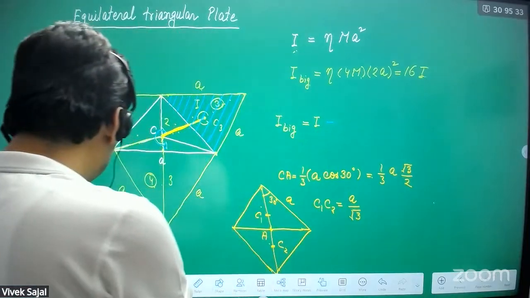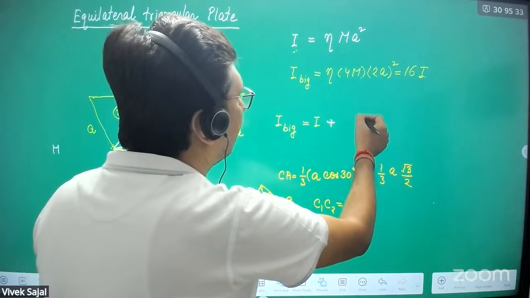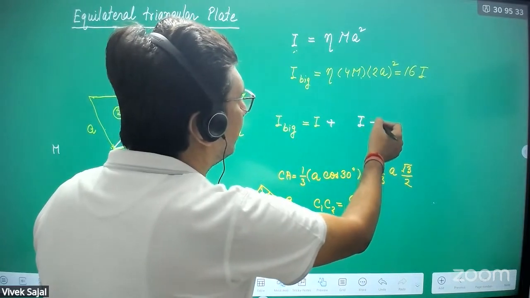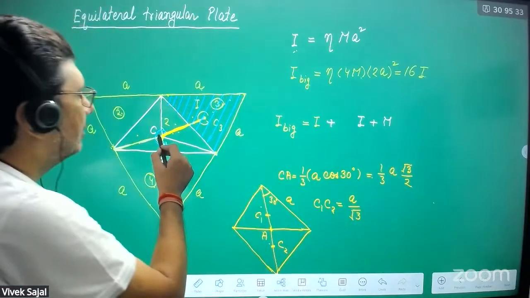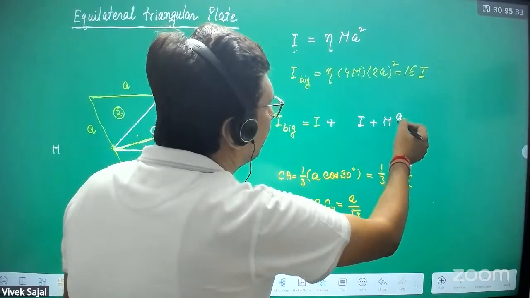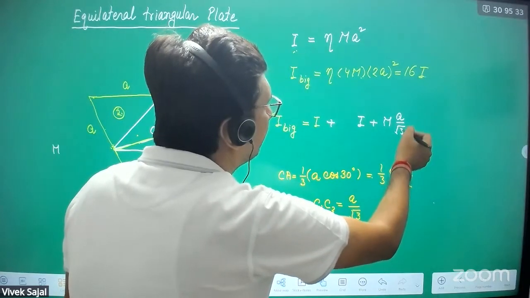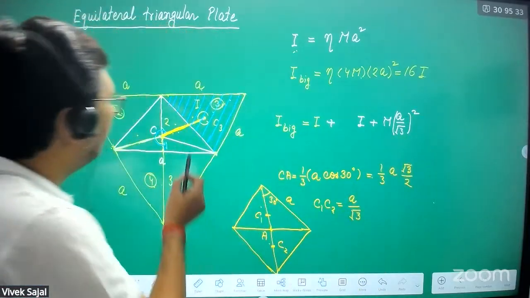I'm writing here, this will be I plus mass of this, and this distance squared. This will be A square by 3. You can write A by √3 and square it. So this will be due to this.